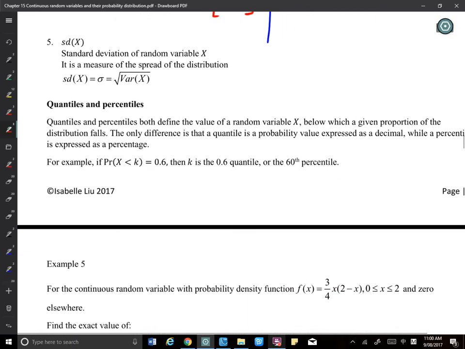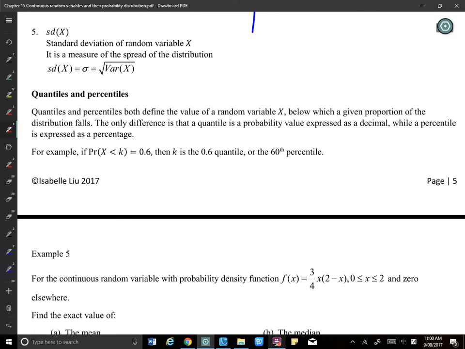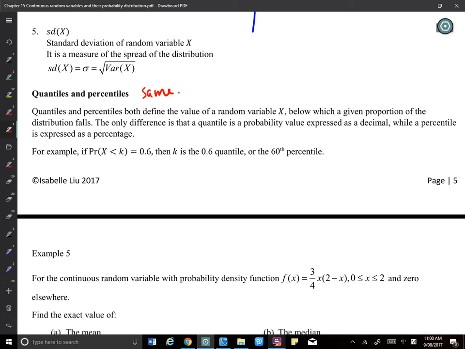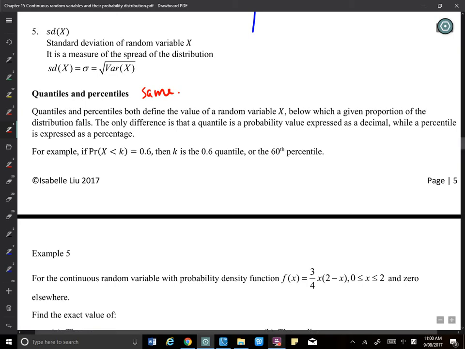And we have quartiles and percentiles. They are the same thing. Quartiles and percentiles both define the value of a random variable x, below which is a given proportion of the distribution.